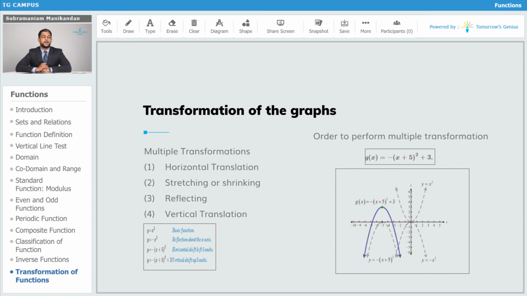So y is equal to x square is a basic function which we can reflect, shift horizontally, vertically, etc. y is equal to minus x square reflects the graph about the x-axis. y is equal to minus (x plus 5) the whole square shifts the graph horizontally by 5 units. y is equal to minus (x plus 5) the whole square plus 3 shifts the graph vertically up by 3 units.